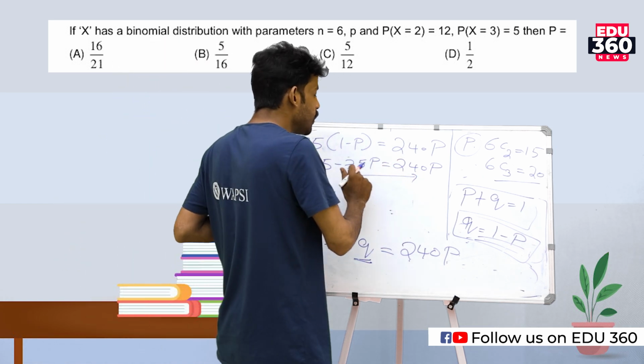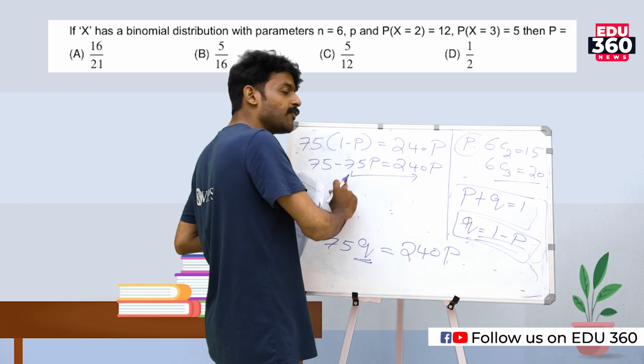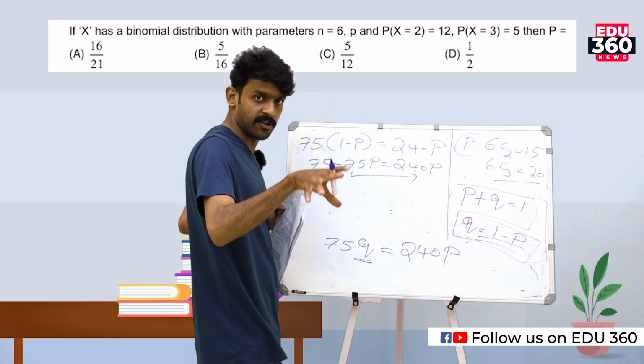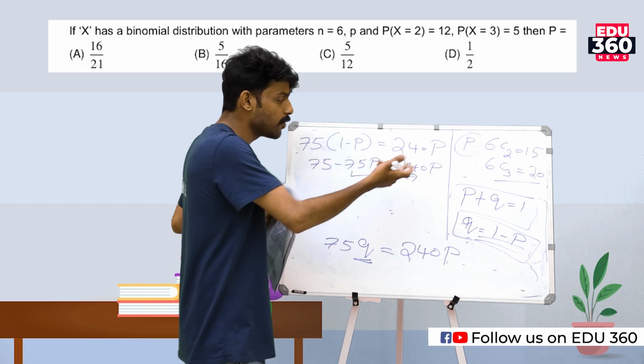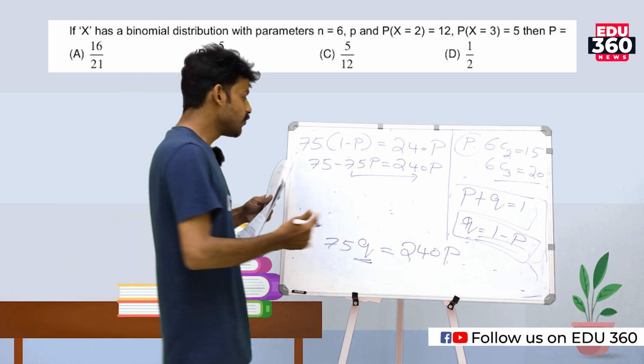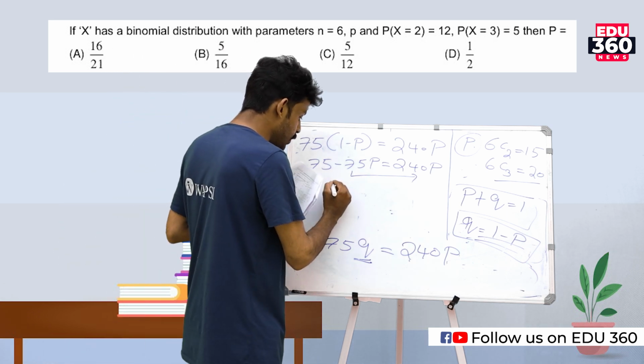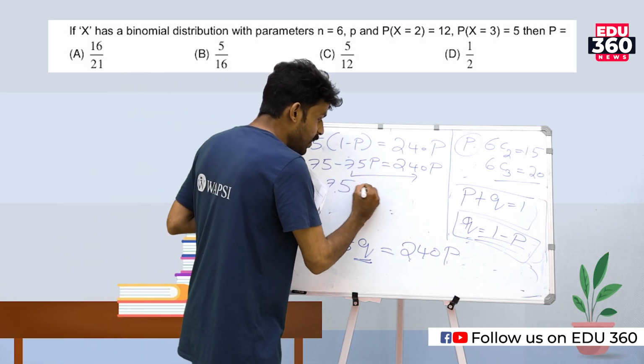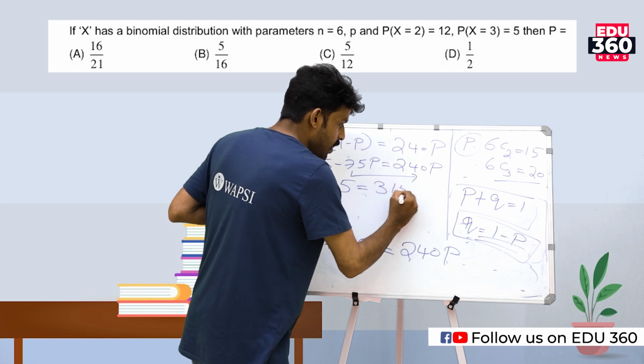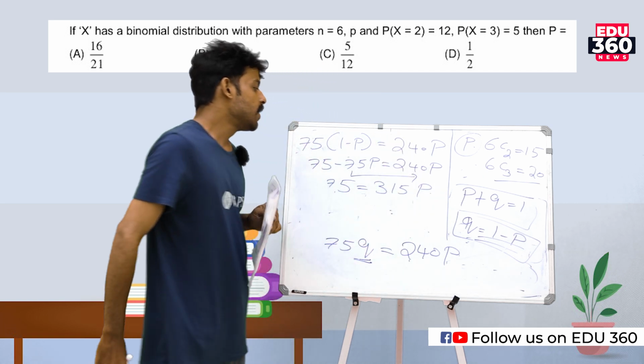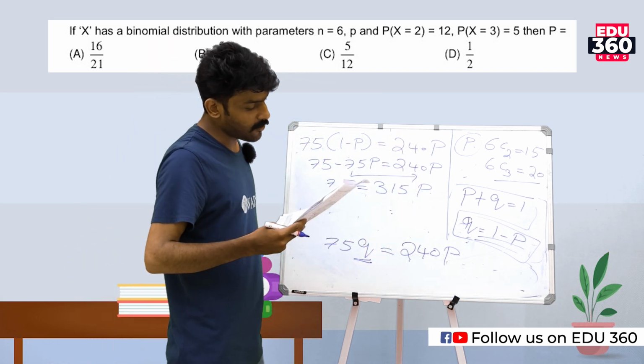While we are moving minus 75p to the right hand side, it will become positive because here it is negative. So 75 will be equal to 315p.